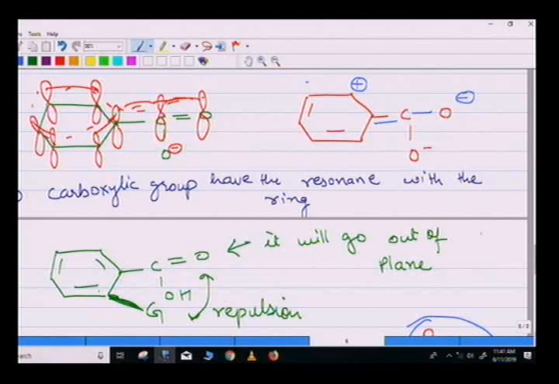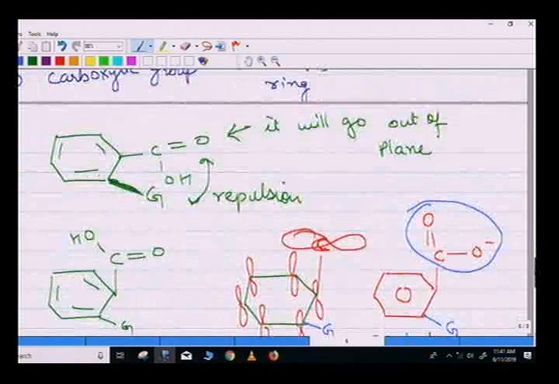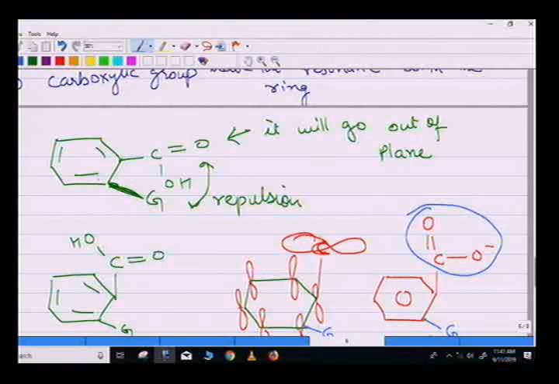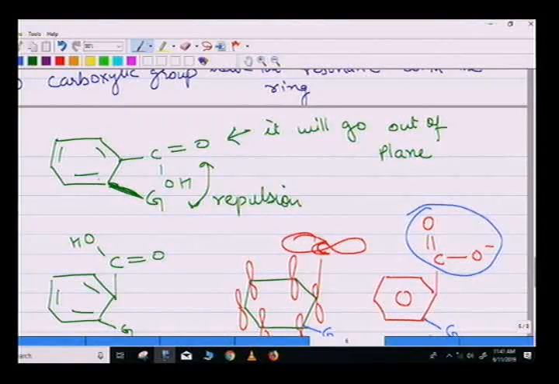Done? I'm scrolling it, okay? And here you can write that when it goes out of the plane, then the resonance with the ring diminishes. Sisipur Center, this is clear to you also?